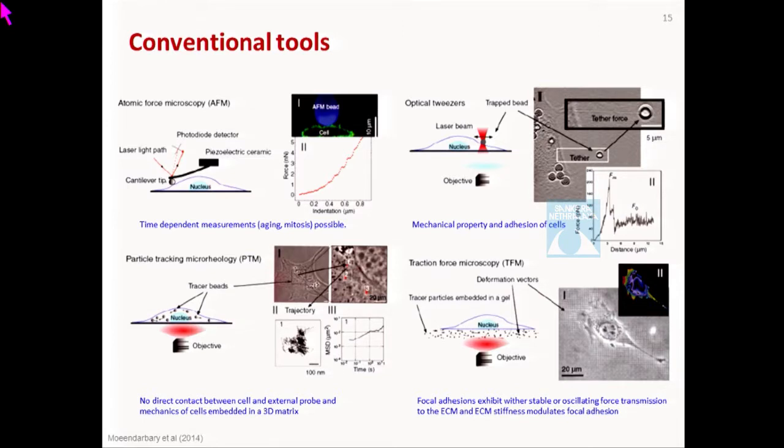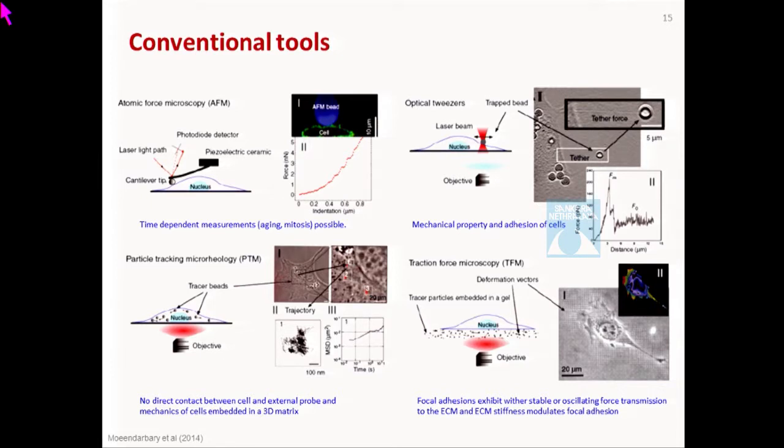Talking about particle tracking microrheology, here there is no external force. Particles are put inside the cells, and the particle moves because of the interaction between the particle and the elastic structure of the cell.